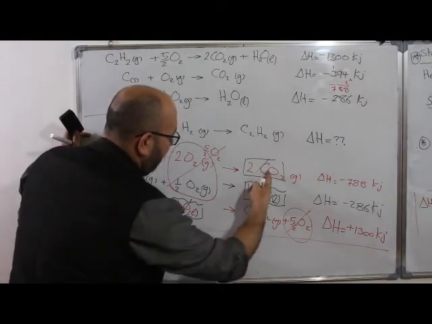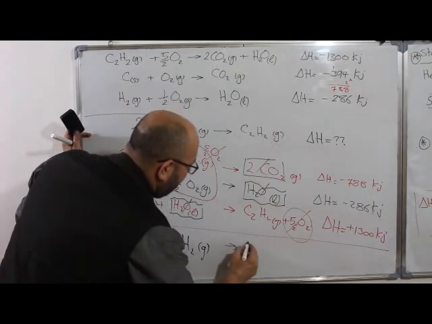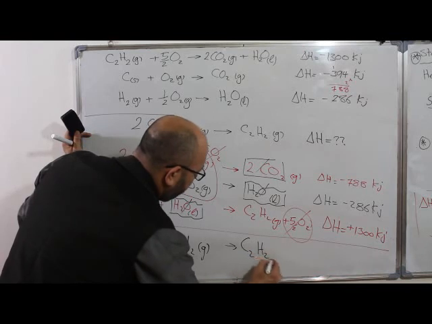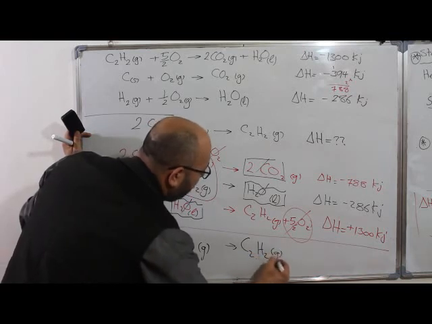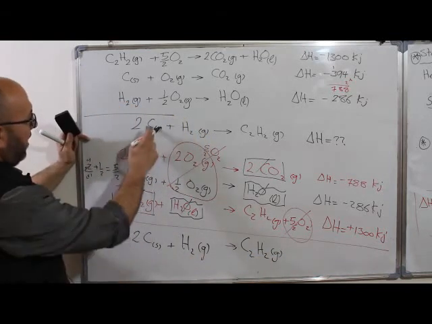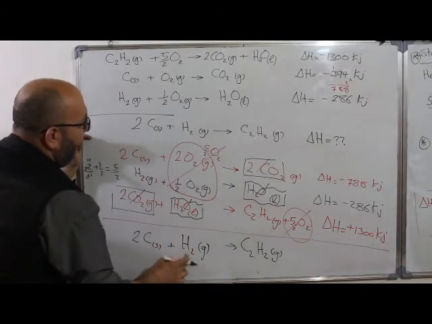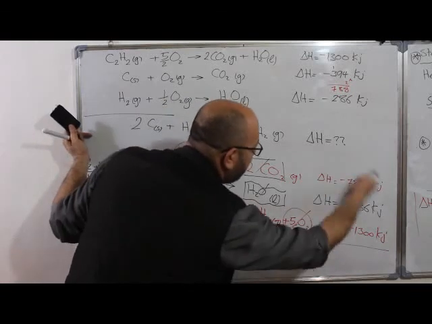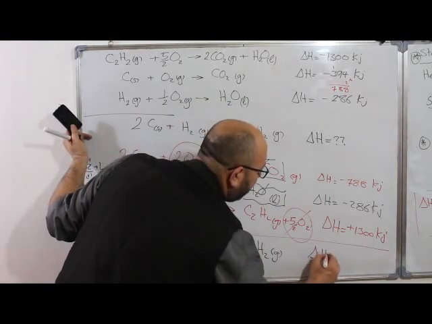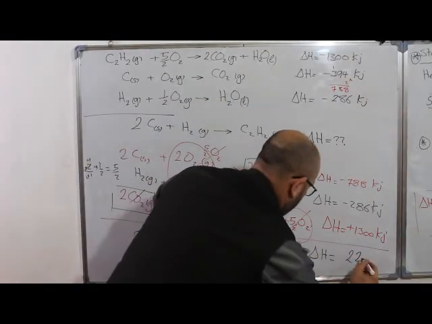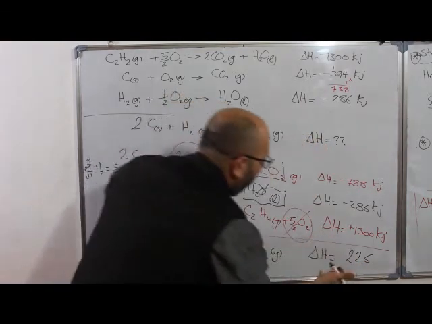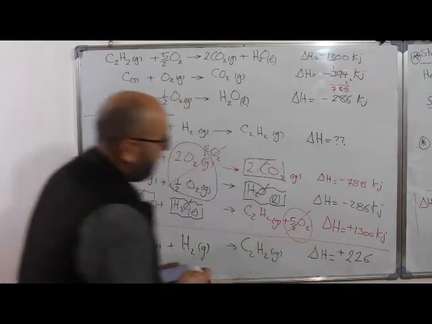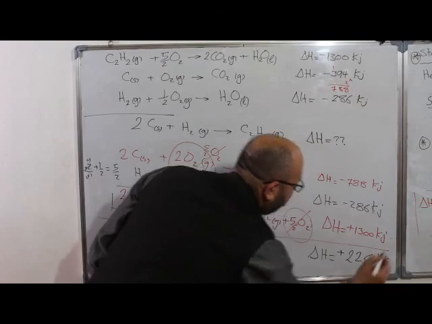In product side, cancelled, cancelled, cancelled, and C2H2 in a gaseous state. And I think this equation matches the target, so the combination of those enthalpies is positive kilojoule. And that is it.